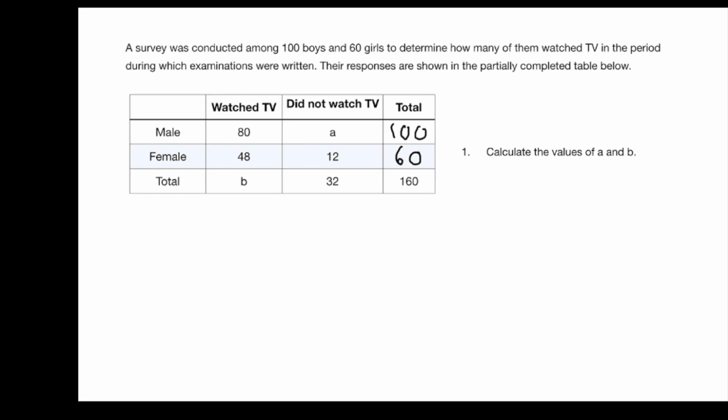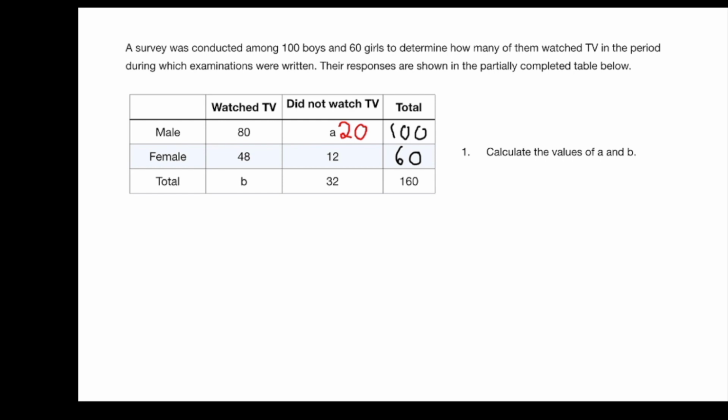And now you can work out the missing numbers, like what is A? There are two ways to find A. If 80 boys watched TV and there is a total of 100 boys, then A represents the number of boys who did not watch TV. And so you can subtract that and get A is equal to 20.